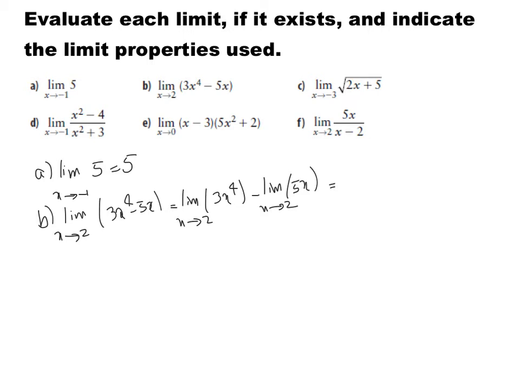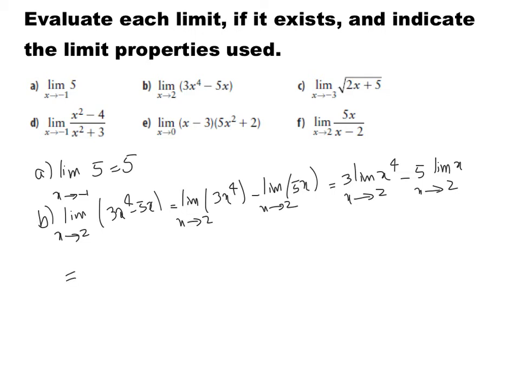Now the limit of 3x^4 is the same as 3 times the limit of x^4, x goes to 2, minus 5 times the limit of x, x goes to 2.